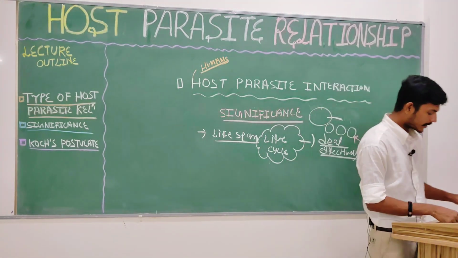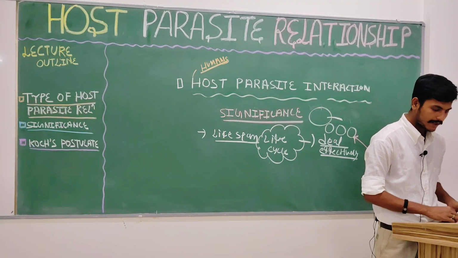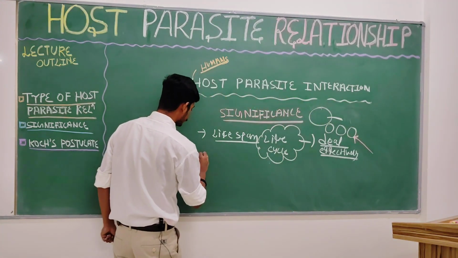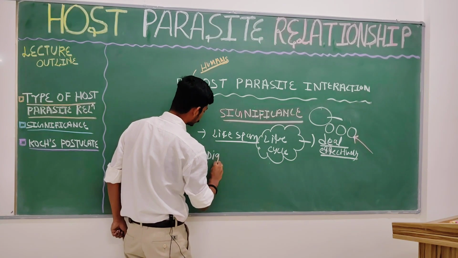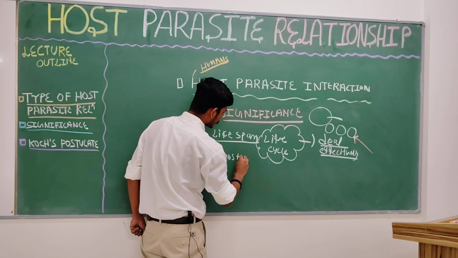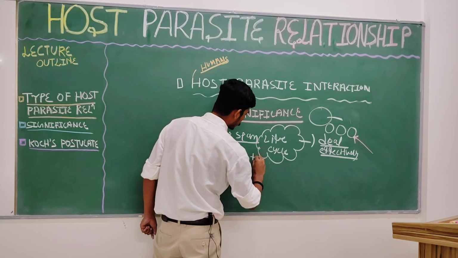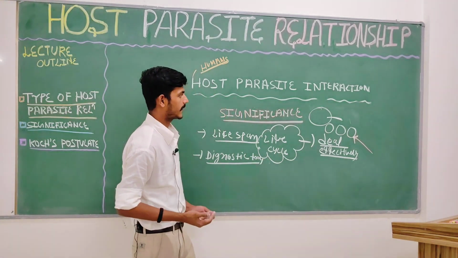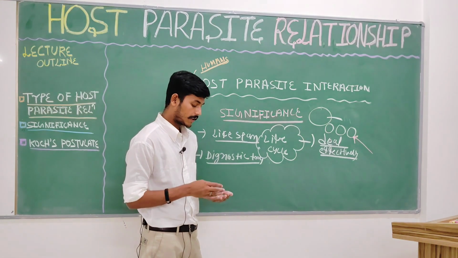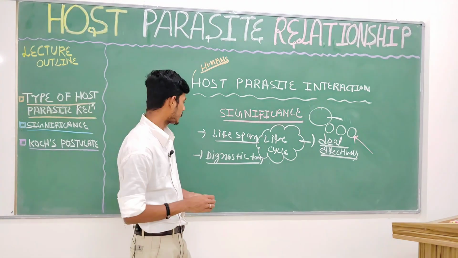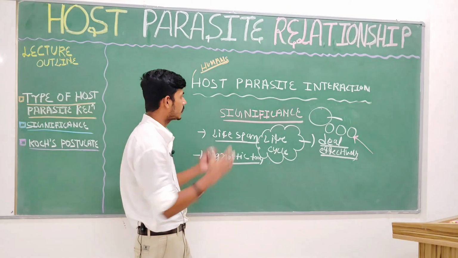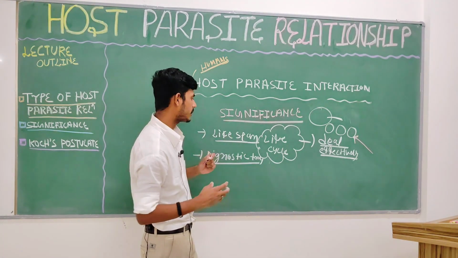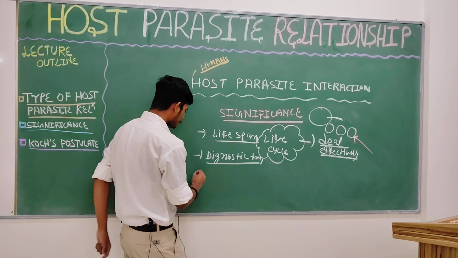Another significance is diagnostic tools. Once we understand the mode of interaction of the host and parasite, we can develop diagnostic tools by which we easily identify the pathogens, those parasites which are harmful for us.